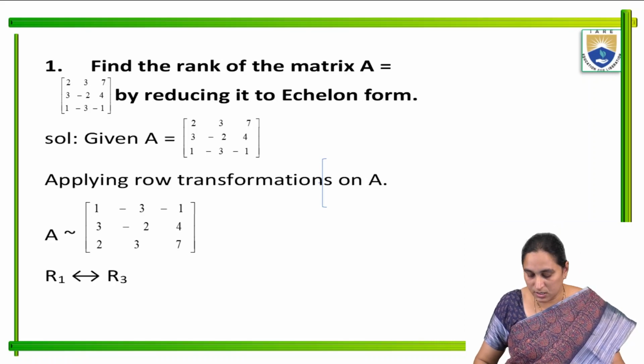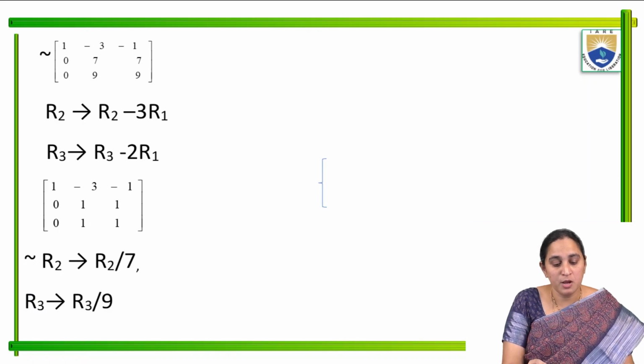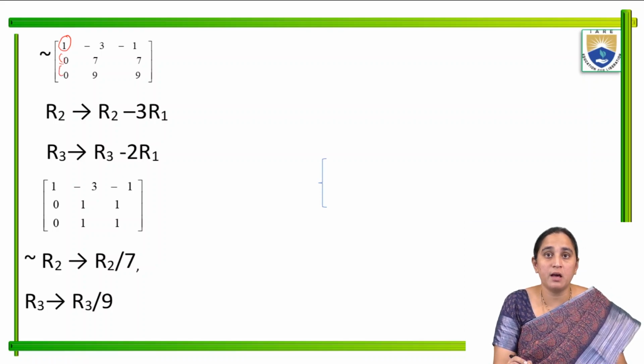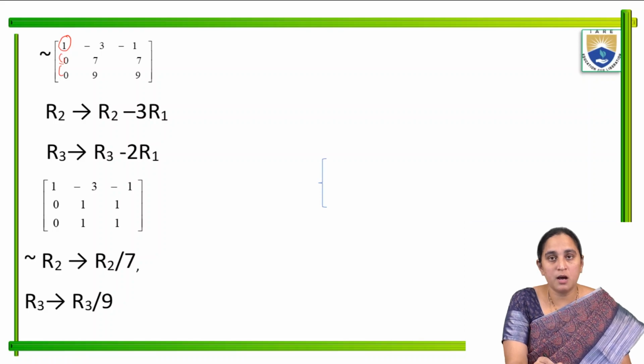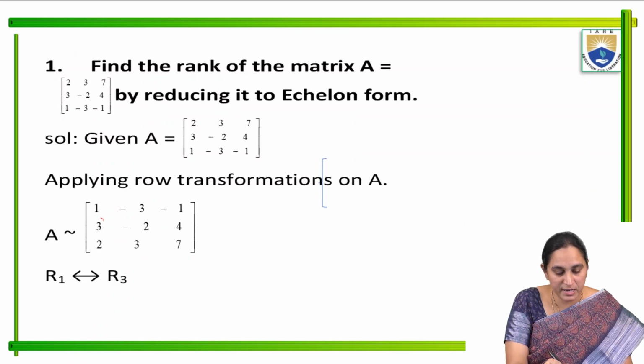After that, now applying the row operations with respect to R1. That means I'll make the first elements of R2 and R3 zeros. That is R2 tends to R2 minus 3R1. Observe the previous slide: here I'll make this 3 as 0 with respect to 1, that is R1.